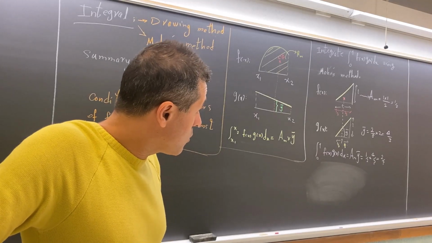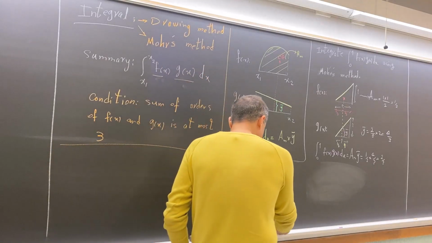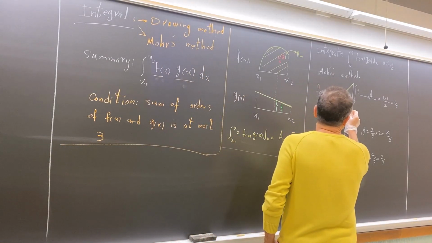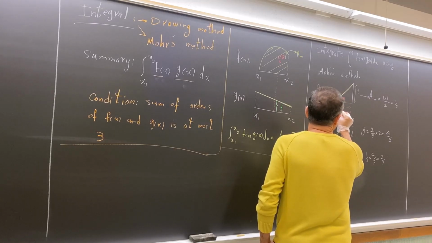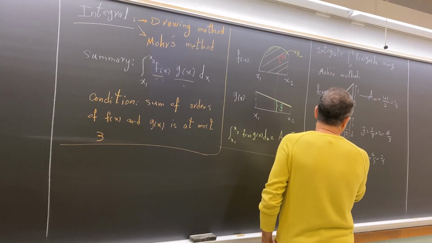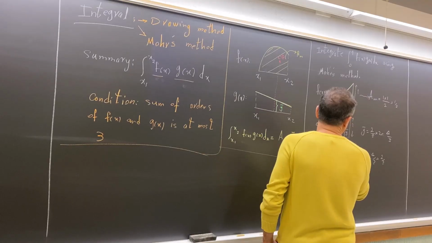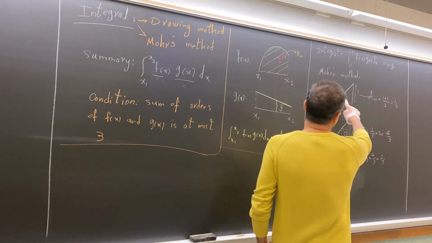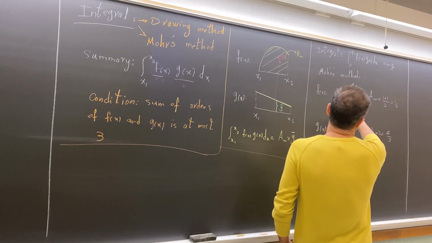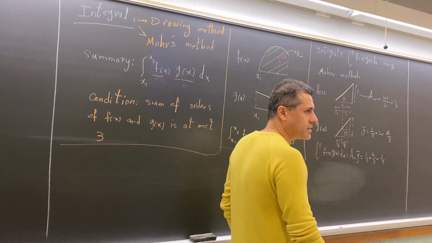Basically, this one is 2. Maybe because of this you are confused. So here we have 2, and here we have 1. Does it make sense now? Okay. So basically, this point is closer to the side, always.